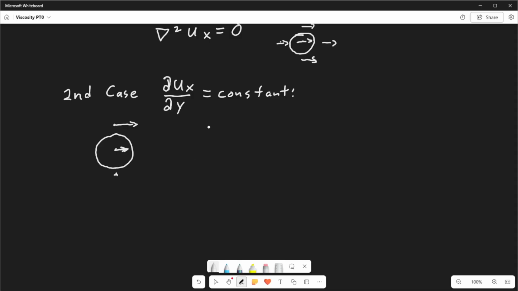Now it turns out that d²ux/dy² is still 0. So the question is why?